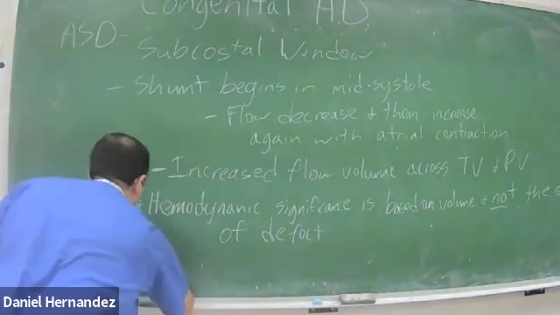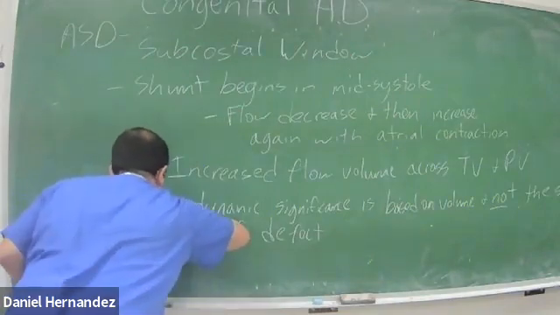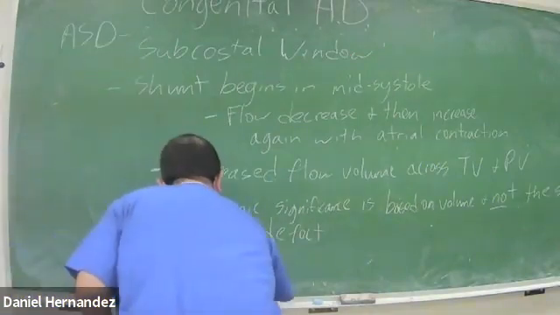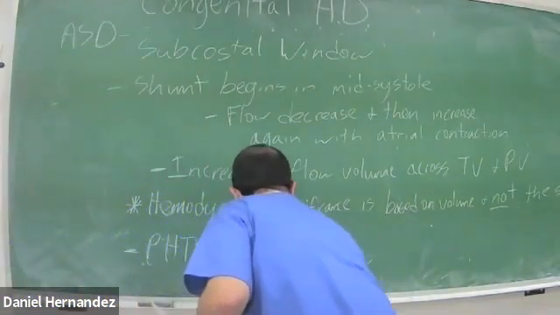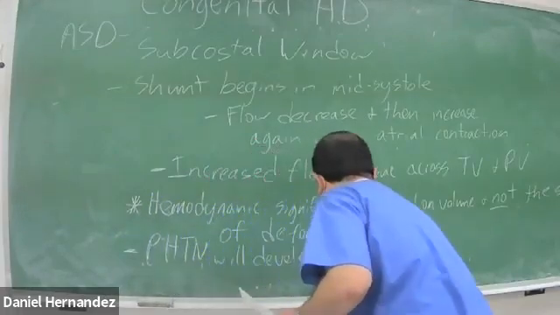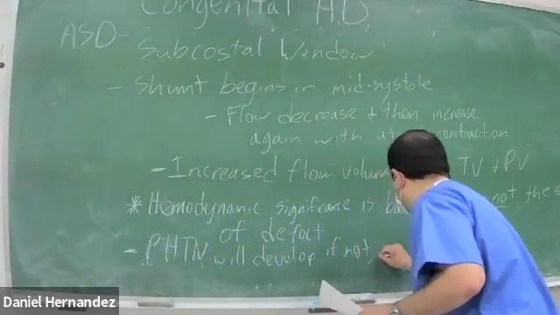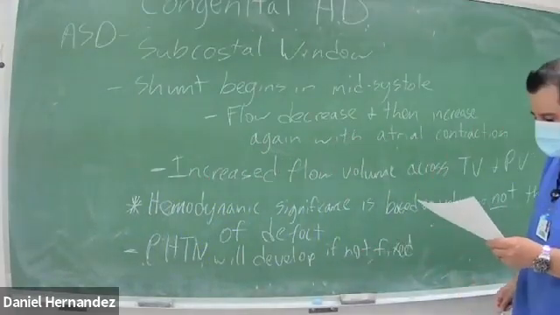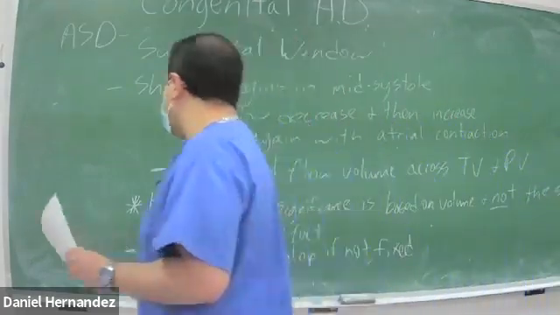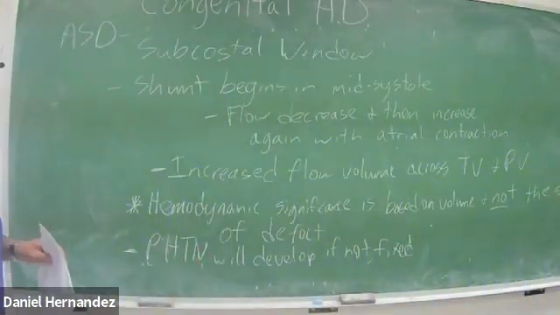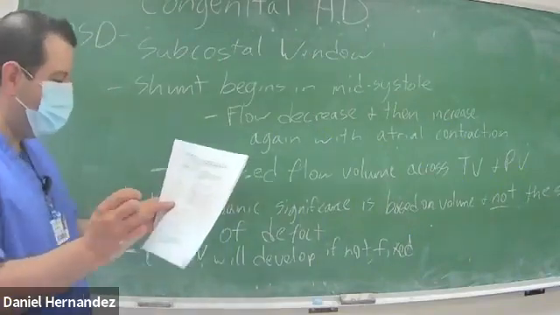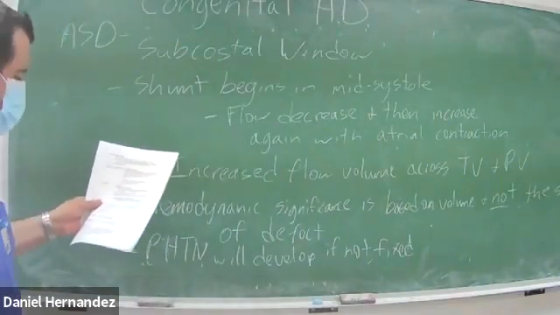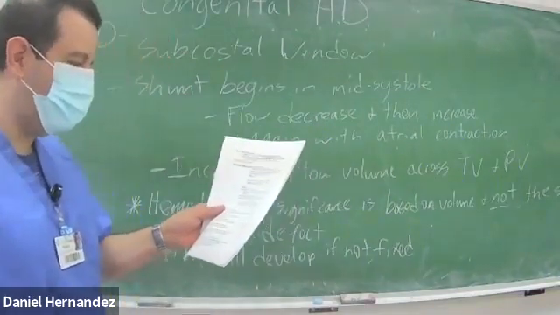Pulmonary hypertension will develop if not fixed. Because we're having right ventricular enlargement, that annulus on the pulmonic valve is also becoming stretched, which will result in pulmonary insufficiency and increasing the volume overload.